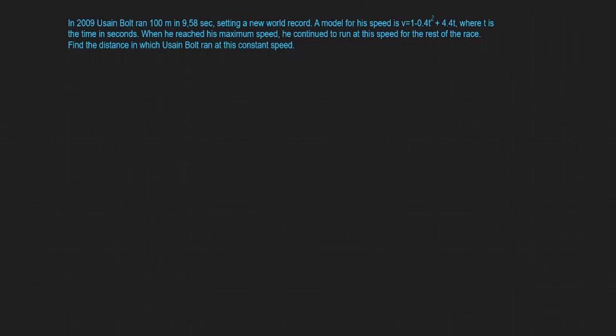Here we have the formula v equals 1 minus 0.4 t squared plus 4.4 t. We have to change this formula into the standard quadratic equation, which is ax squared plus bx plus c.